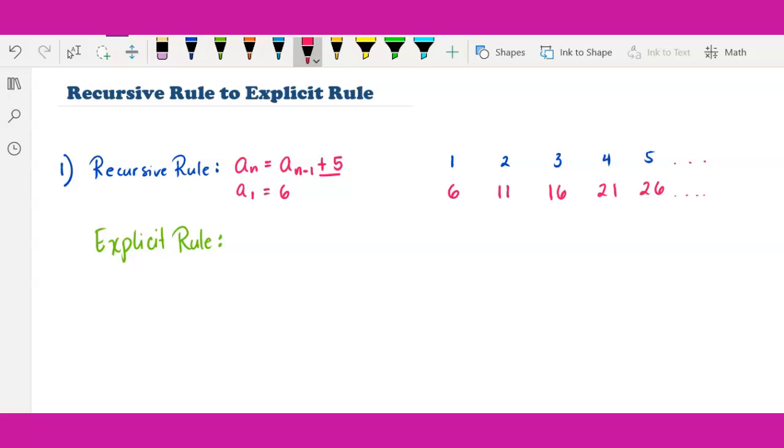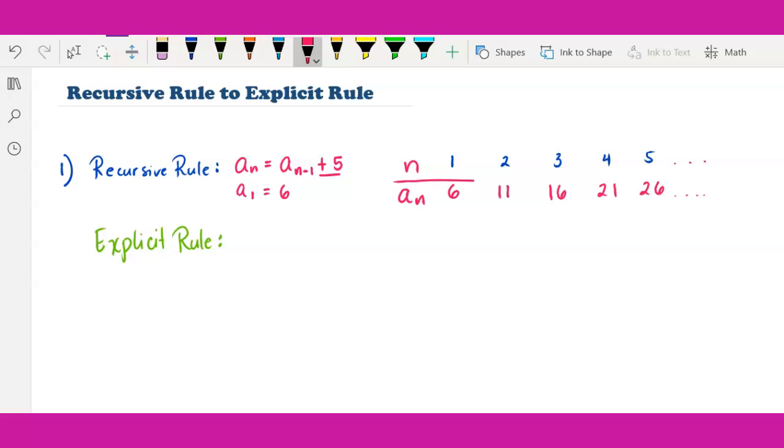An explicit rule is a formula so that if you know n, the term placement, whether it is the first, second, third, fourth, fifth, you can tell the number a sub n, what number is placed in the order given by n. For example, you say, what's the 100th number in this sequence? And that's what we mean by explicit rule.